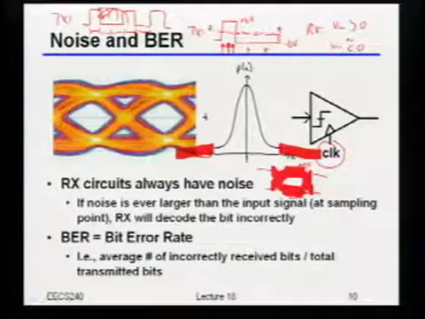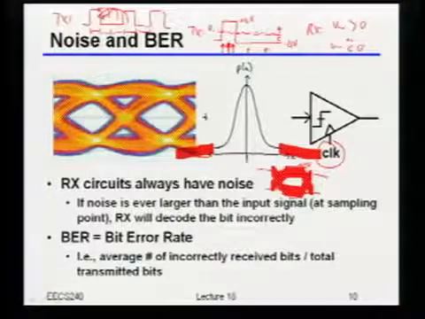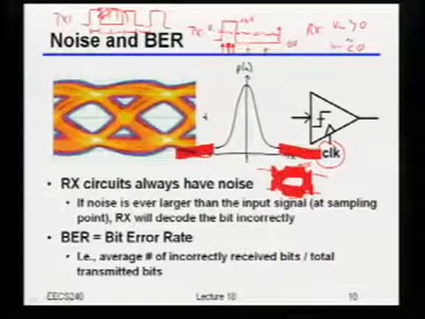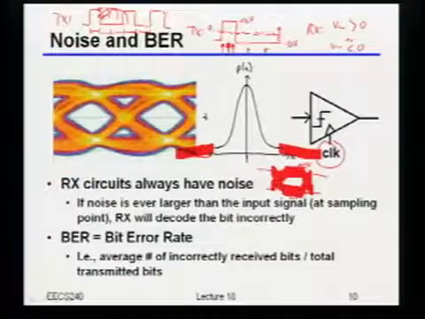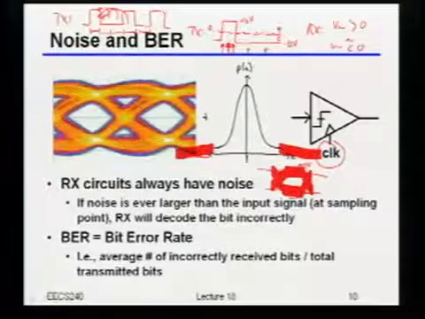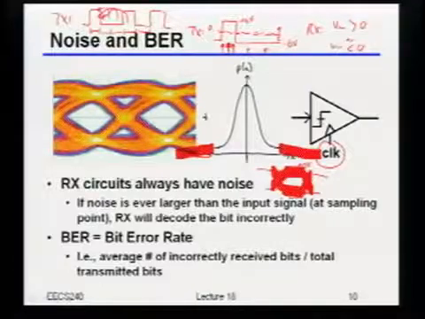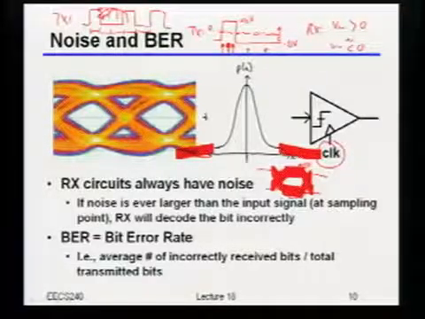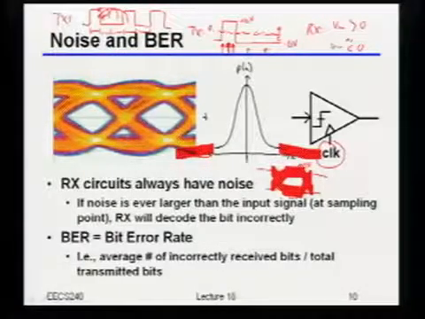So from the standpoint of links, what you really care about is how often the noise is going to be big enough that you get the wrong answer, okay? In other words, what you usually care about is something called the bit error rate, or BER. And that's really just the average number of bits that you received incorrectly over the total number of bits that were transmitted and received in your system.